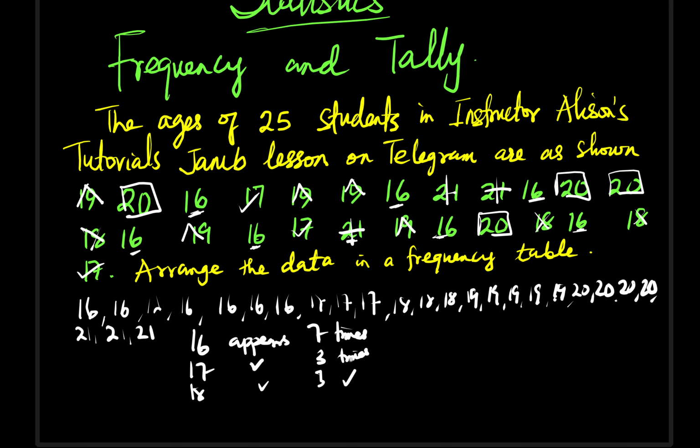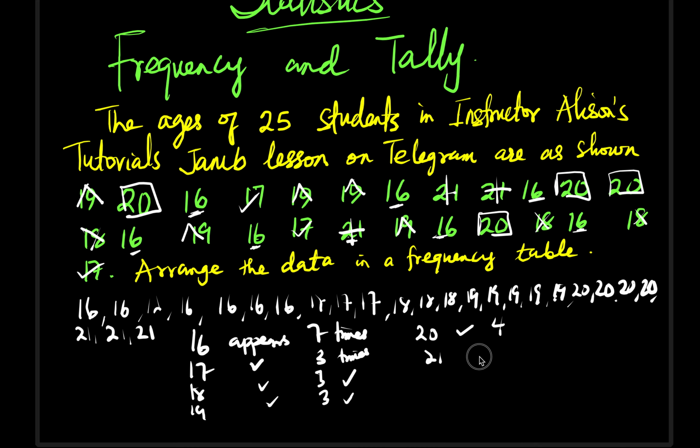What's the next number? 19. 19 appears 3 times as well. Then we have the next one, 20. 20 appears how many times? 4 times.